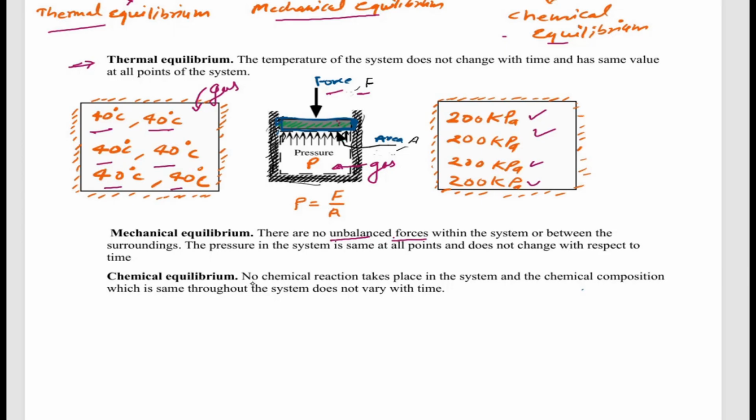Third one is chemical equilibrium. Chemical equilibrium means no chemical reaction takes place in the system.